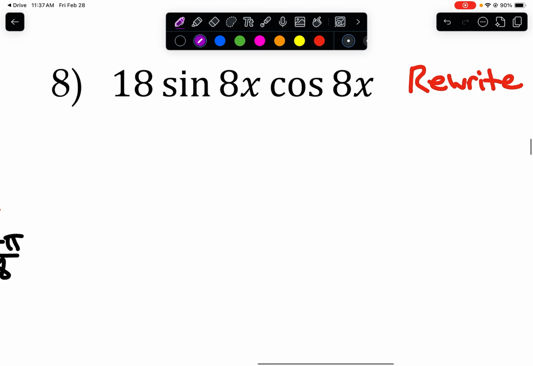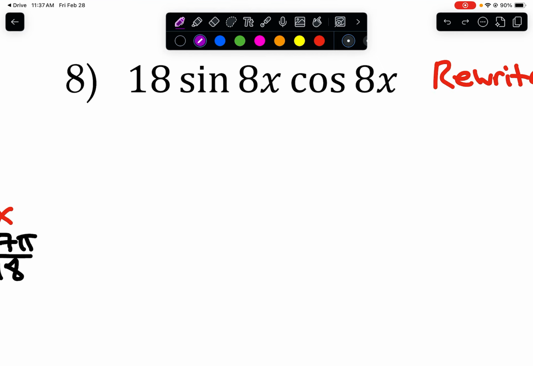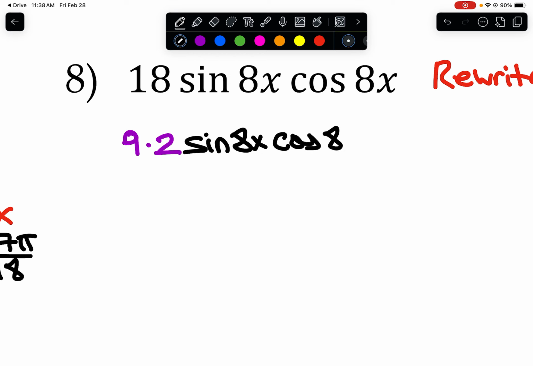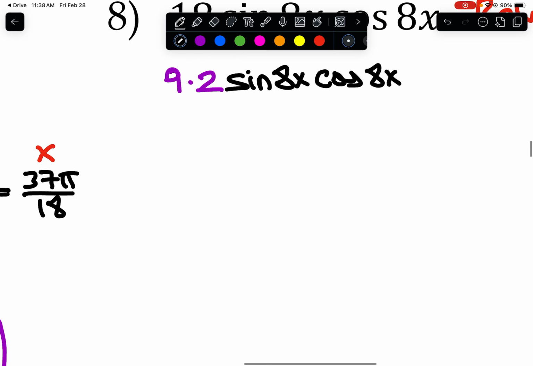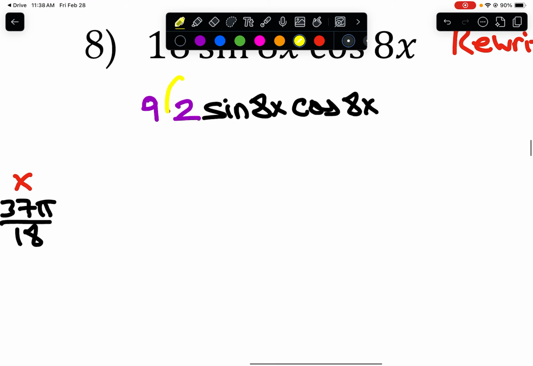So the coefficient needs to be a 2 in order for me to use that double angle. So that means I'm essentially going to divide this number by 2, and I'm going to rewrite it. So I'm going to do 9 times 2, and then we're still going to have sine of 8x, cosine 8x. And then what I'm going to do is I'm going to rewrite just this part as a double angle.